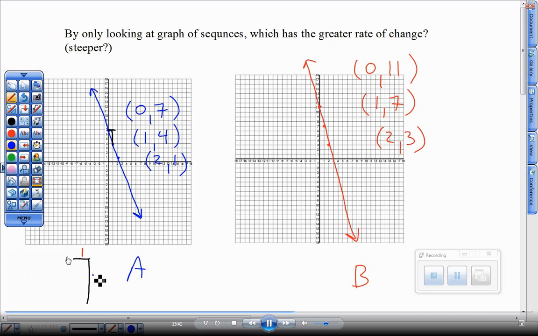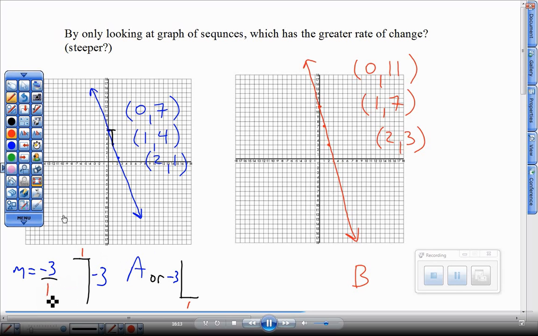Some people like to go to the right 1, down 3, right 1, down 3, or you could go down 3, right 1, either way, but you're going down and to the right. When you're going from left to right, always right, down, right, down.